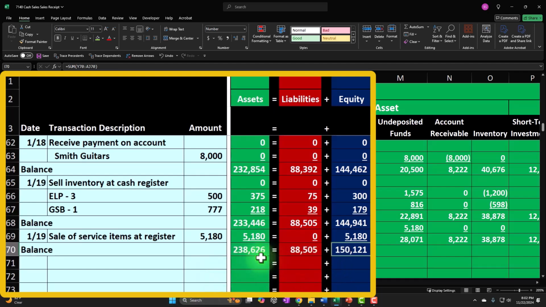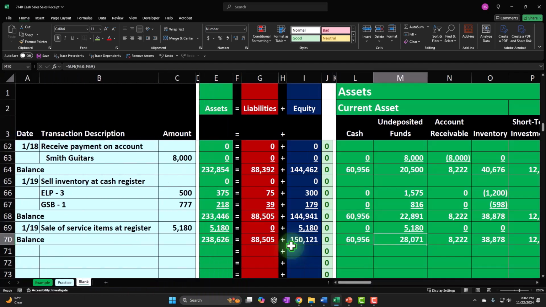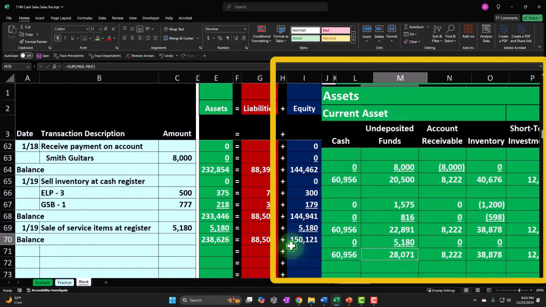So if I took assets minus liabilities, we would then get to the equity, but that equity, if I was to liquidate the company, isn't something that I could easily walk away from, because I would either have to sell the company for the equity in total, just sell everything, or I would have to liquidate the company, which means I'd have to cash my undeposited funds to put it into the checking account, which we will do shortly.